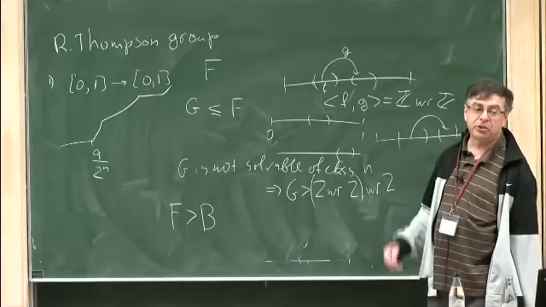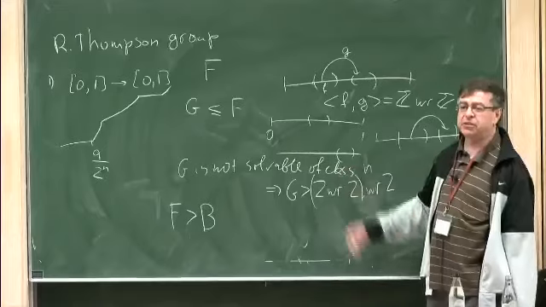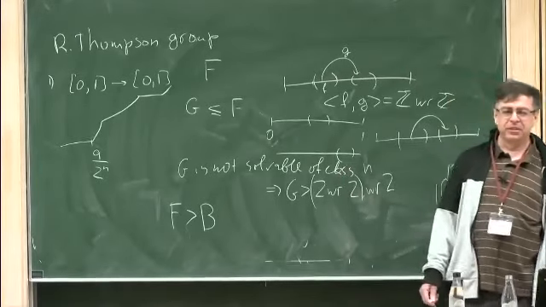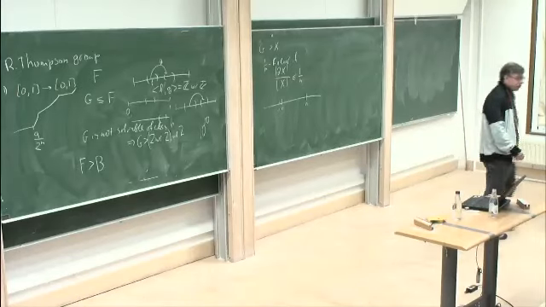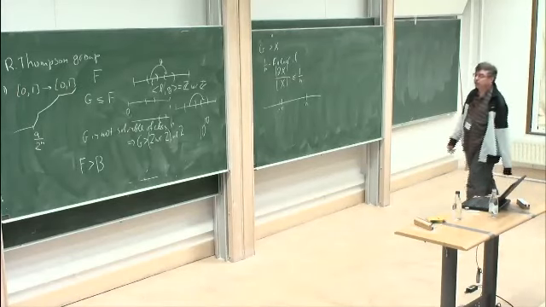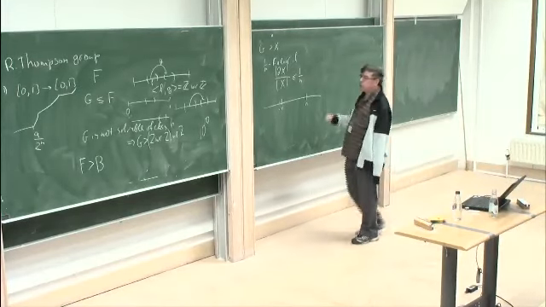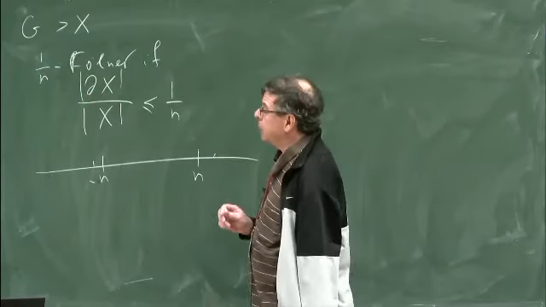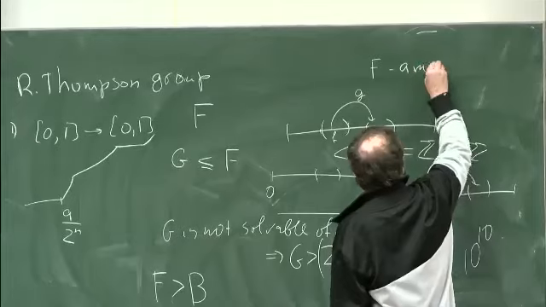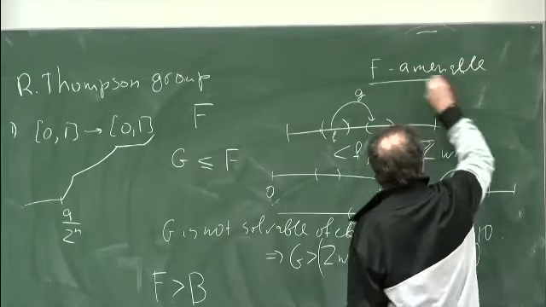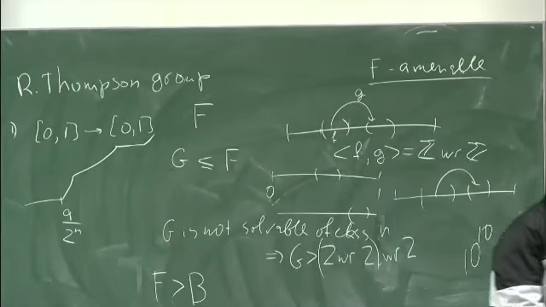But again, this is just a justification. The real thing is that group theory cannot deal with such groups for some reason. And one of the results which shows that this problem is complicated... So the problem again is whether F is amenable or not. Can we find Følner sets for every n or not?